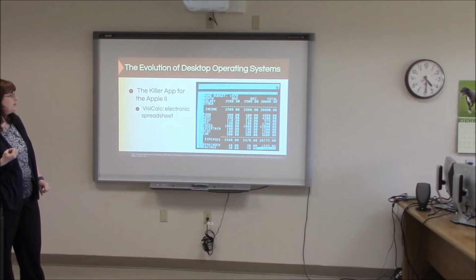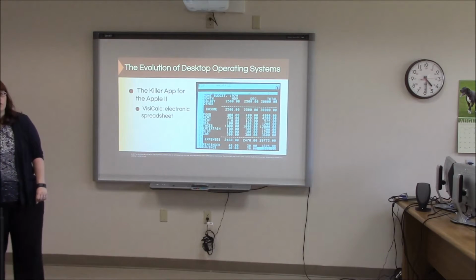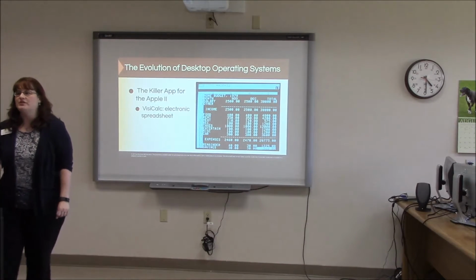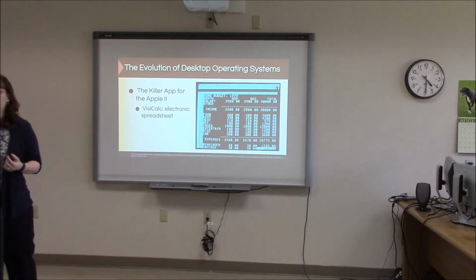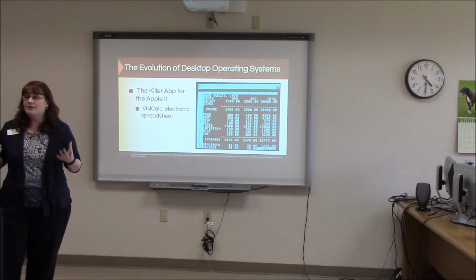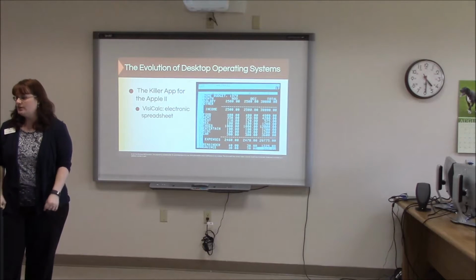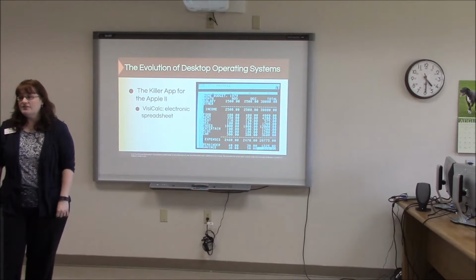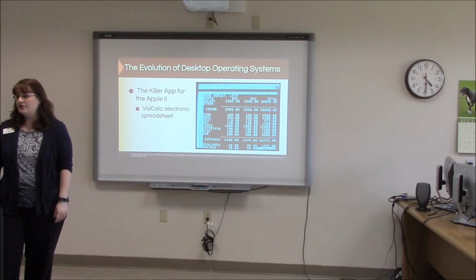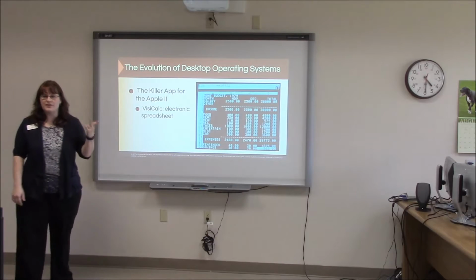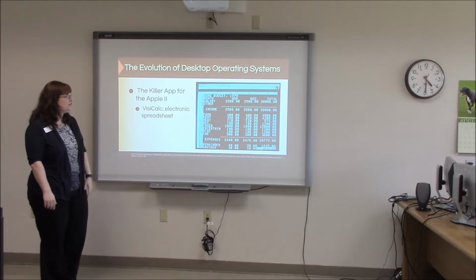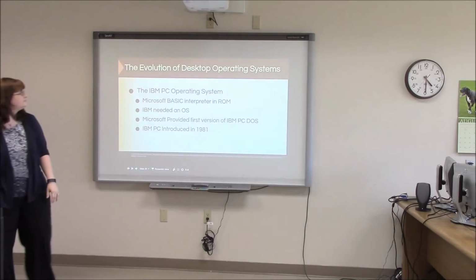This is someone's home budget. They have used this electronic spreadsheet software to make their own budget. Apparently using spreadsheets at home on a computer was just mind-blowing, and everybody wanted one. So everybody ran out and bought a computer. This is a far cry from what we use in Excel now. But homes used it, businesses used it. This is why the Apple II sold so well, with just that one little piece right there.